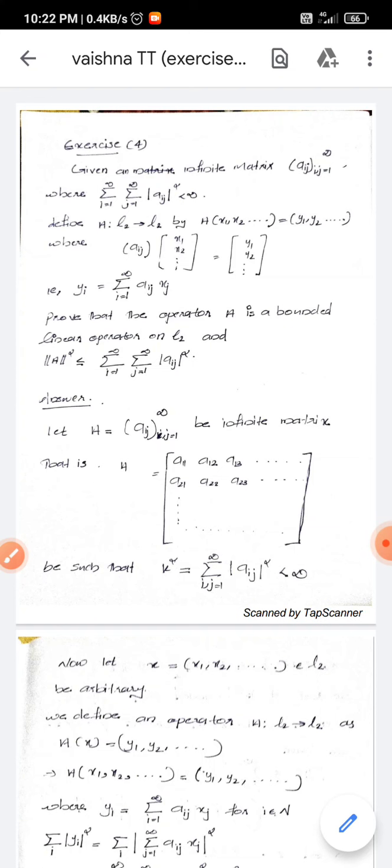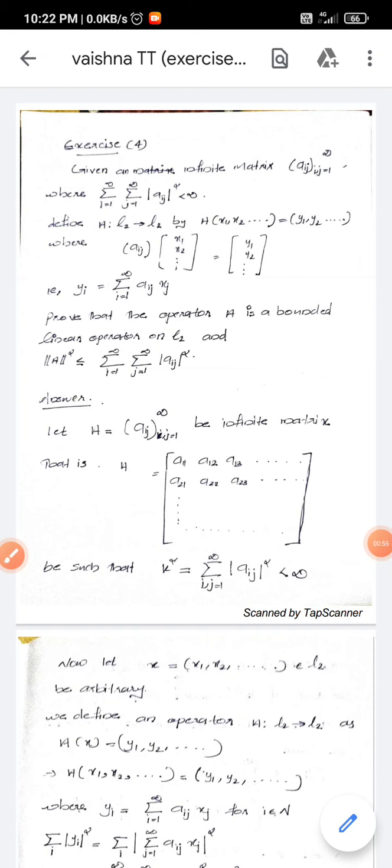Define A from L2 space to L2 by A of the sequence x1, x2, etc. is equal to the sequence y1, y2, etc., that is, yi equal to the sum over j equal to 1 to infinity of Aij xj.